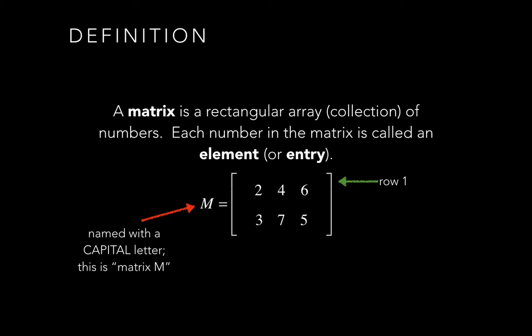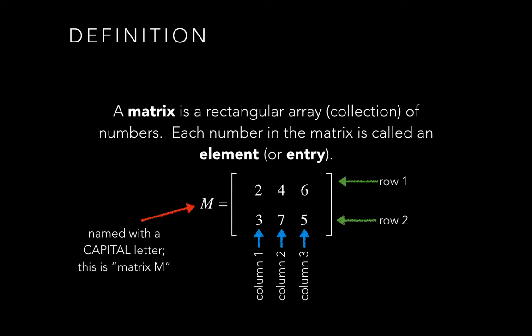And in your matrix, you will have rows, which are horizontal, and columns, which are vertical. Just like a column on a house is always vertical, and rows of corn in a field are horizontal. So in row 1, you have the elements 2, 4, and 6.